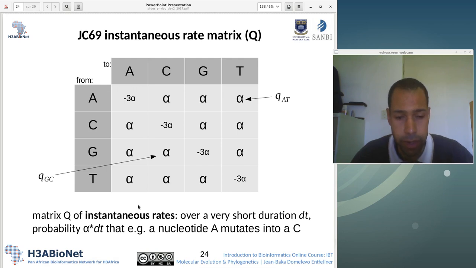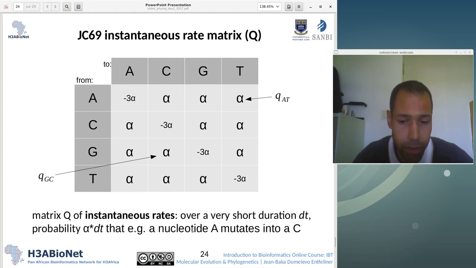What does it mean to talk about instantaneous rates? The model assumes that over a very short duration, dt, a very short amount of time, the probability that a nucleotide, for instance A, mutates into a C is this instantaneous rate times the small amount of time.